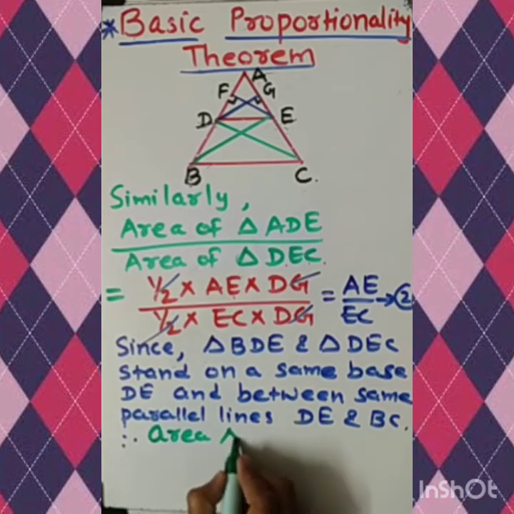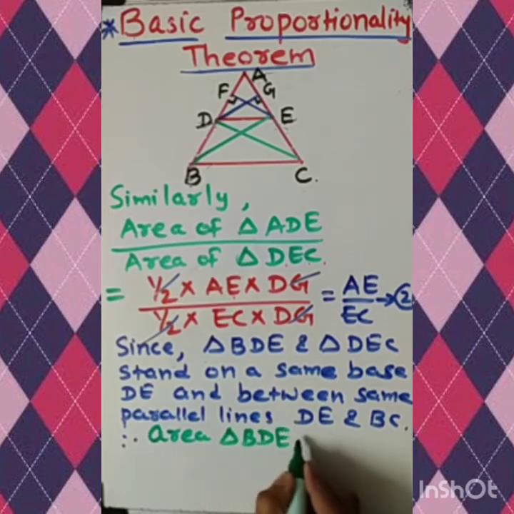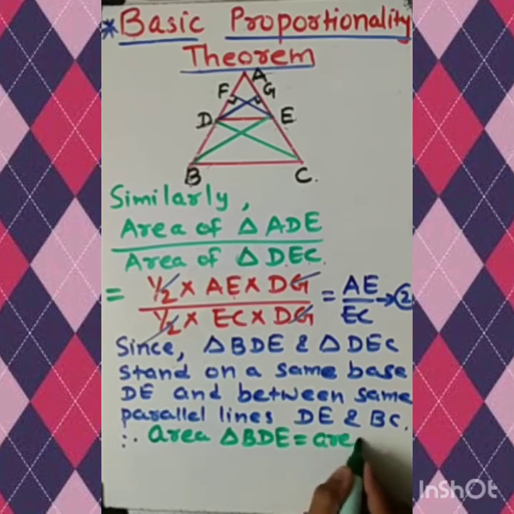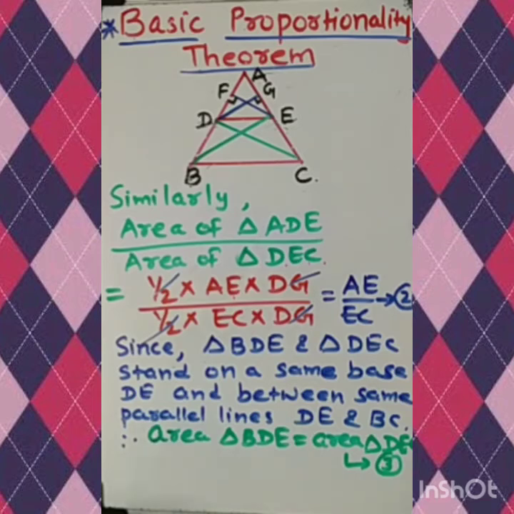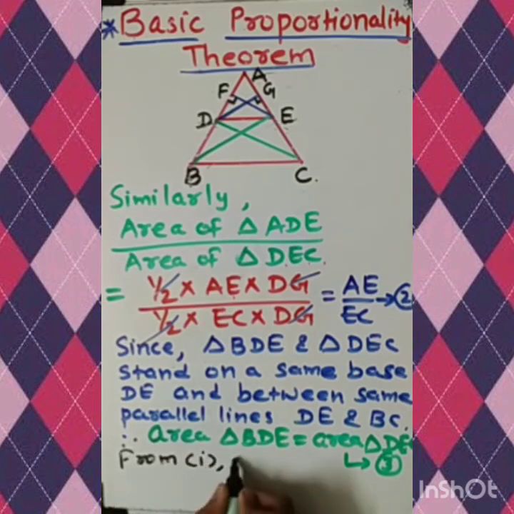Area of triangle BDE is equal to area of triangle DEC. Let me call this result number 3. So from 1, 2 and 3, finally we come to the conclusion.